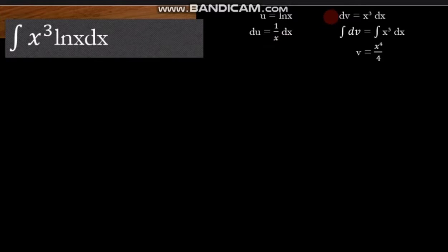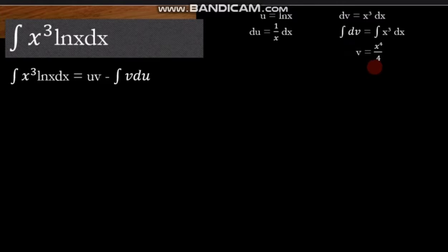And then dv is the remaining part of our integral, which is x raised to 3 dx. Then to solve for the value of v, we will just have to integrate dv. So therefore, our value of v is equal to x raised to 4 over 4.